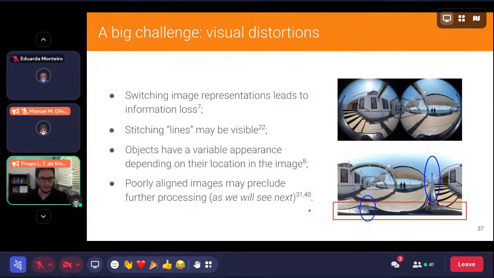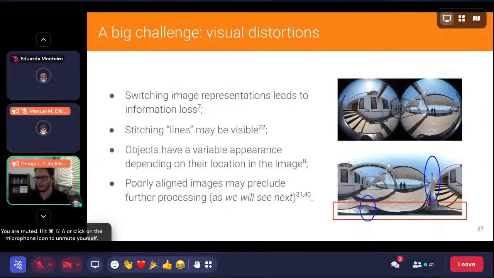Okay, and another problem that may occur is that if we get our camera and hold it upright, we will have an image similar to this one, where the horizon is aligned to the equator line. But if we tilt our camera in some direction, we'll have a sinusoidal behavior in our horizon.